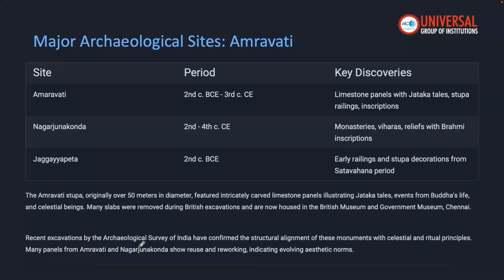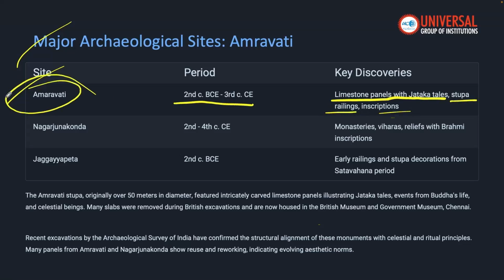Now let's talk about the major archaeological sites of Amaravati. The first site belongs to the 2nd century BCE to 3rd century CE. Key discoveries: limestone panels with Jataka tales, Buddhist tales, stupa railings and inscriptions found from Amaravati.